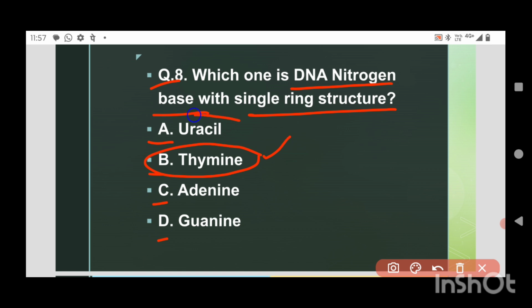As we know that uracil is present only in RNA, so it is not relevant for DNA nitrogen bases. And we also know that adenine and guanine are the purine bases, and thymine here is the only pyrimidine base. Now its explanation part.